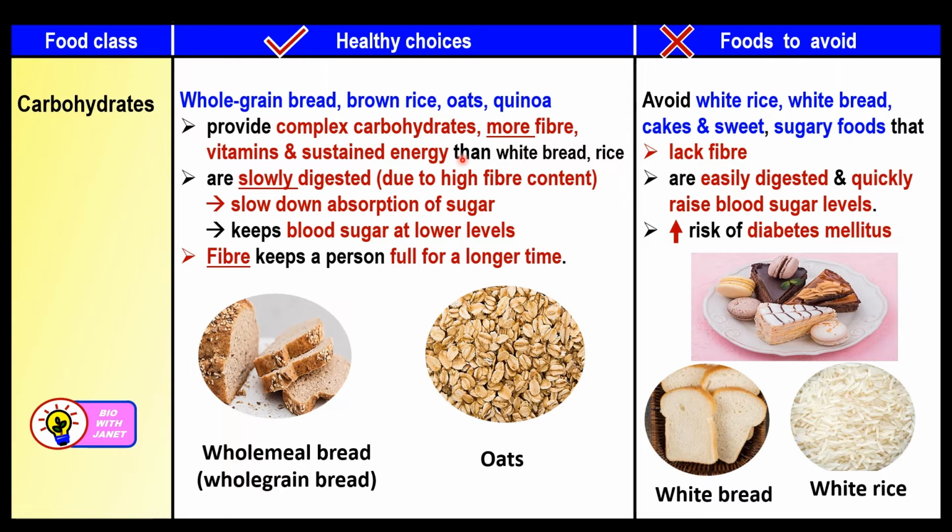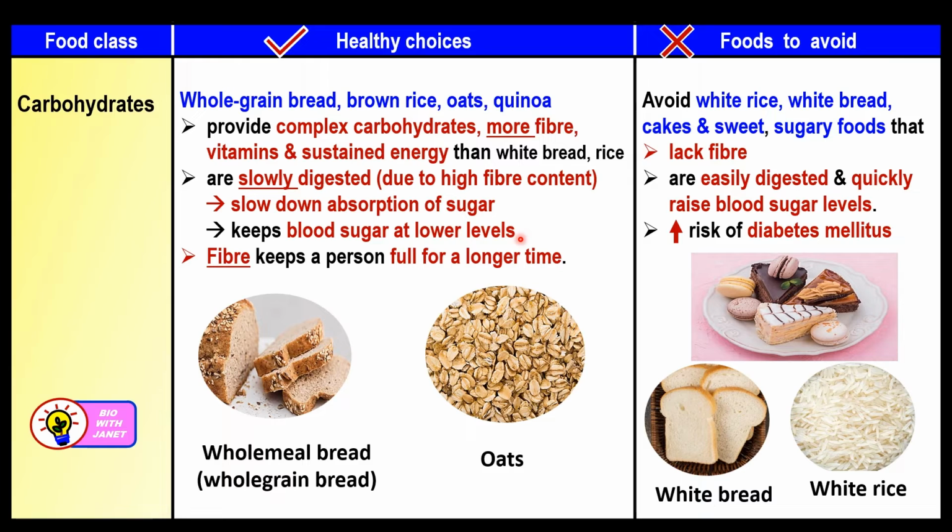That means the energy will last for a longer period of time than white bread or white rice. So they are more slowly digested due to their higher fiber content. And when they are digested to form sugars, the sugars will be formed more slowly. So this slows down absorption of the sugar into the blood, and it will keep the blood sugar at low levels for a longer period of time.